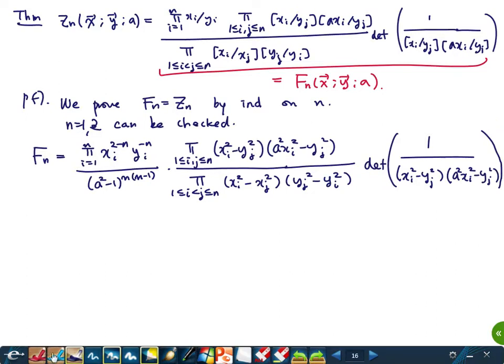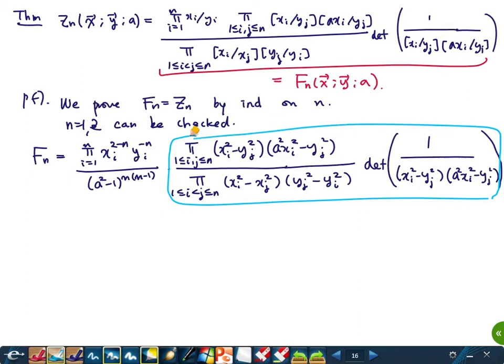Now what? Look at this part. This one is anti-symmetric in the variables xi's, right?